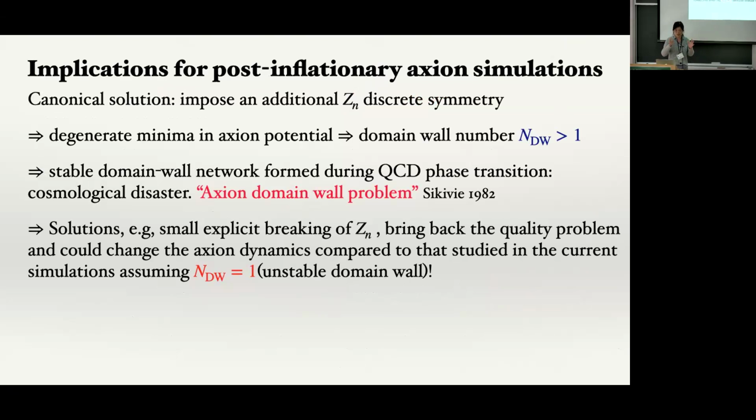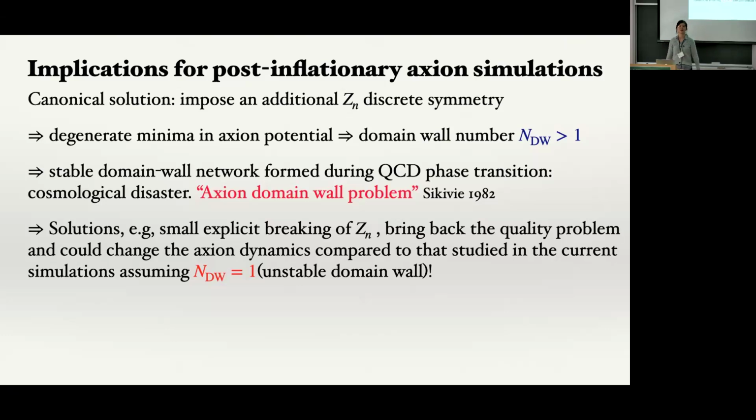So then during the QCD phase transition, we'll have the formation of this stable domain wall network. This is a cosmology disaster, also known as the axion domain wall problem, because these stable domain wall networks will redshift slower than radiation and will quickly dominate the universe.